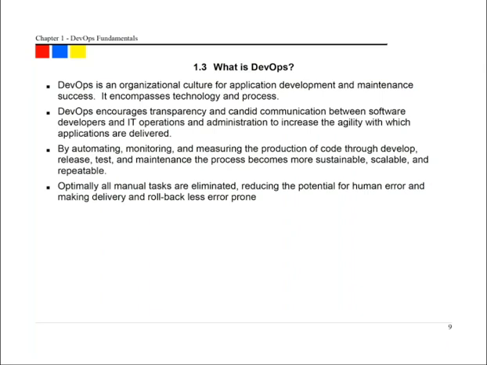So if we can continue this somewhat hand-wavy description of what DevOps is, well, it's an organizational culture that encompasses both technology and process. It's a set of practices that encourage transparency and candid communication between stakeholders.